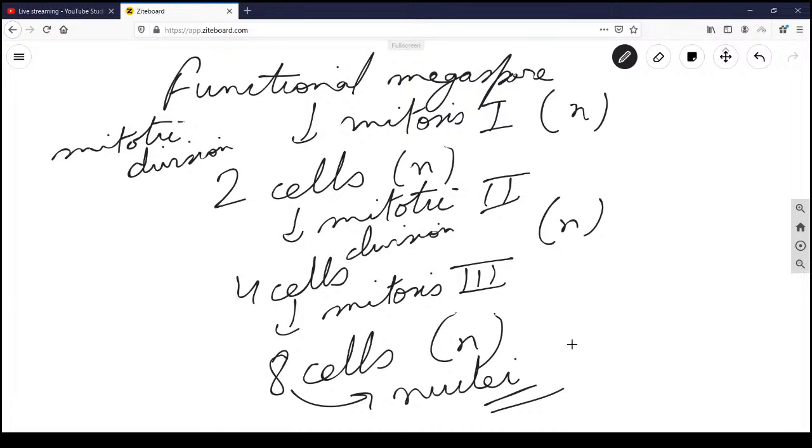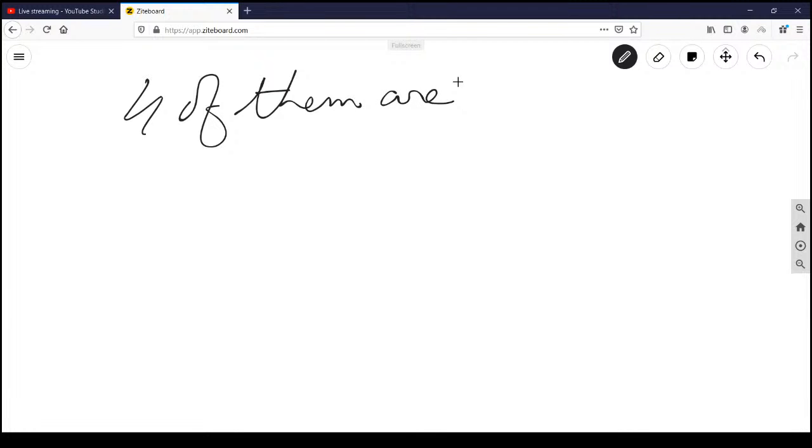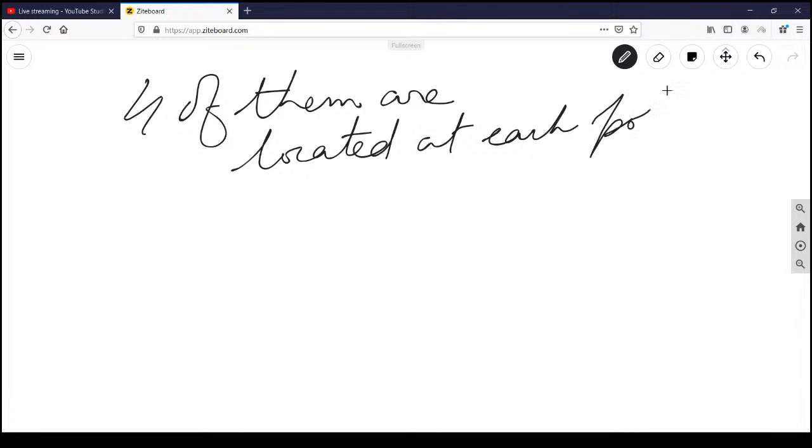So 4 nuclei will be located at each pole of the embryo sac.